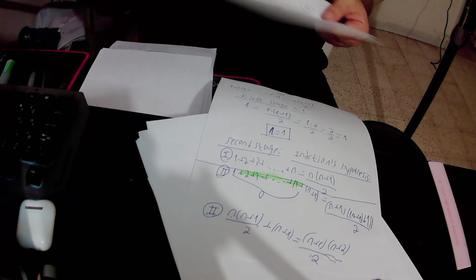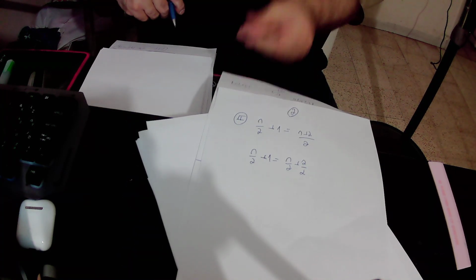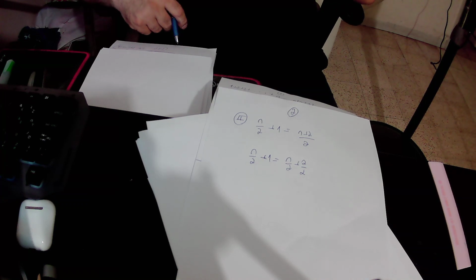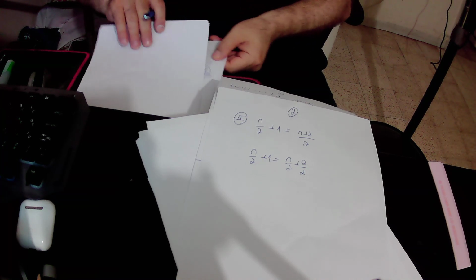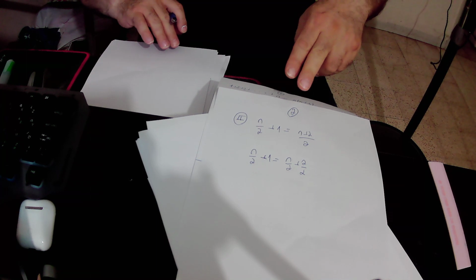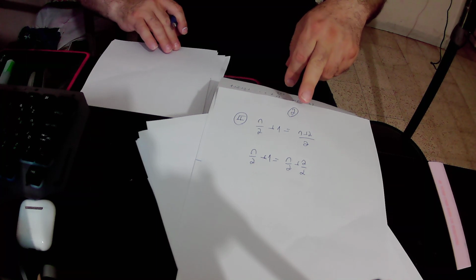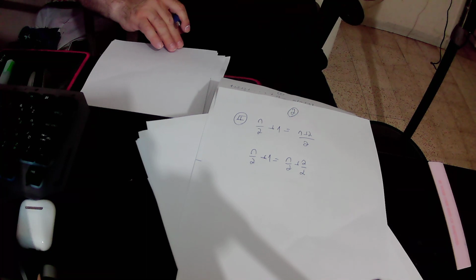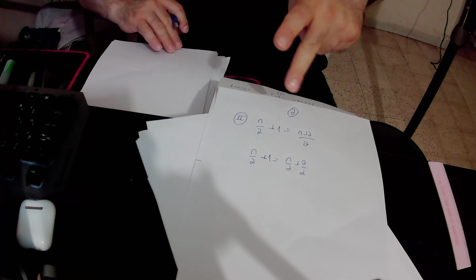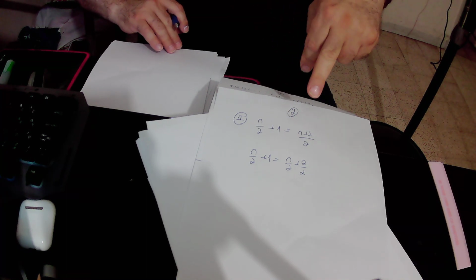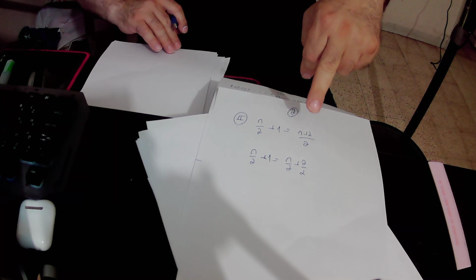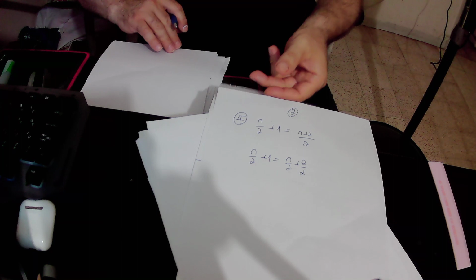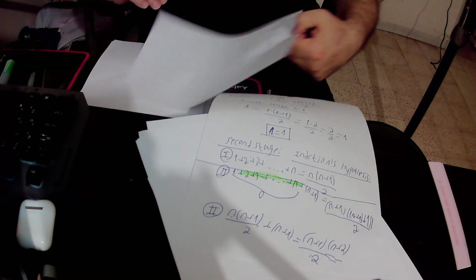So after we parted n plus 2 to two parts, we got that n divided by 2 plus 2 divided by 2, and 2 divided by 2 is 1, so we will write it down.